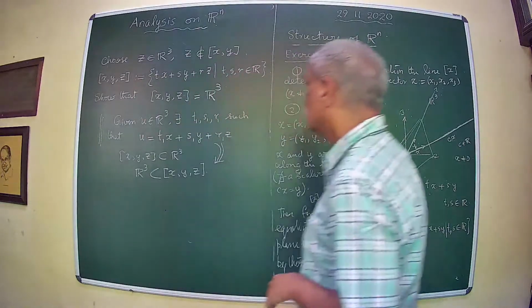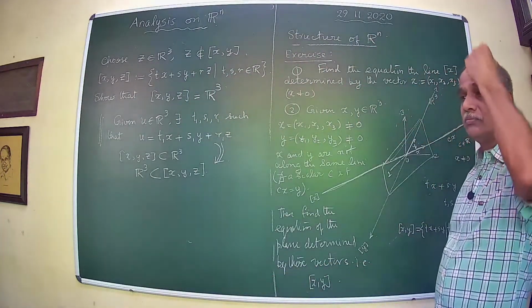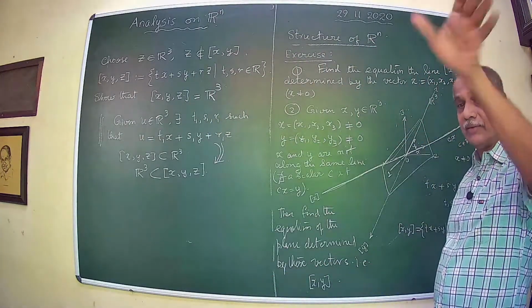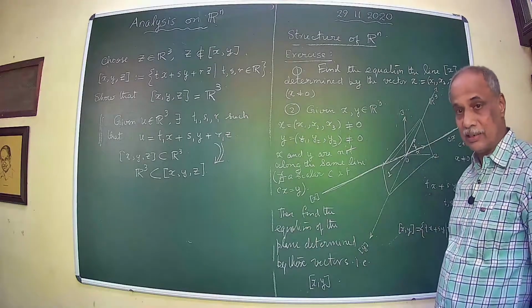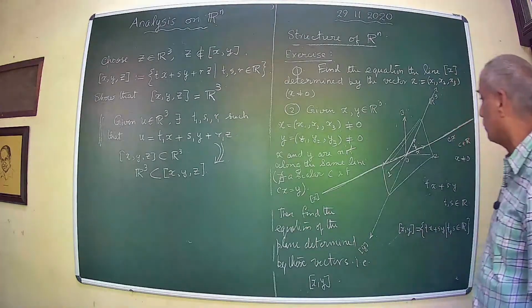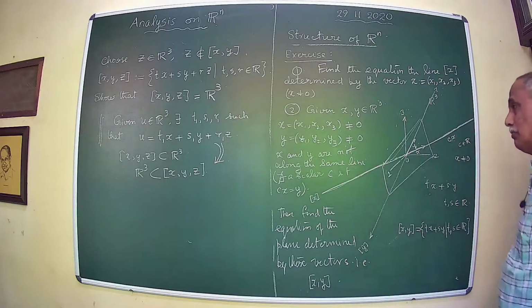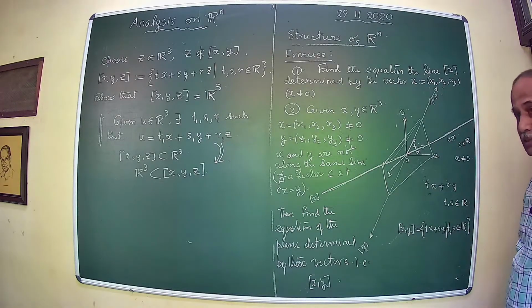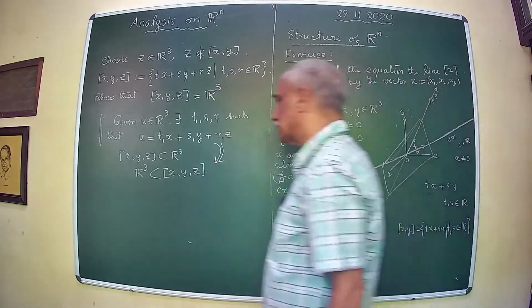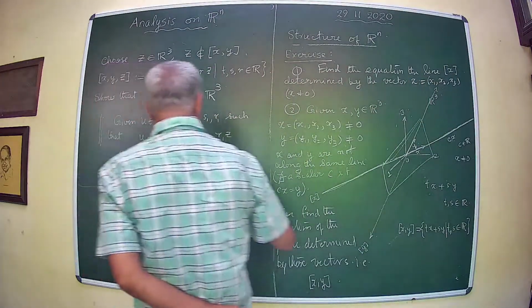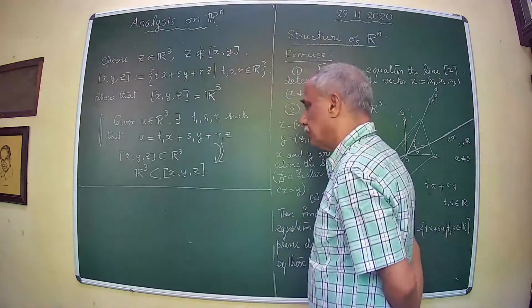Okay? So you don't need information of more than three vectors to construct the whole of R3. All that you need is three vectors, carefully chosen. Okay? So let us make these ideas more clear through some definitions.